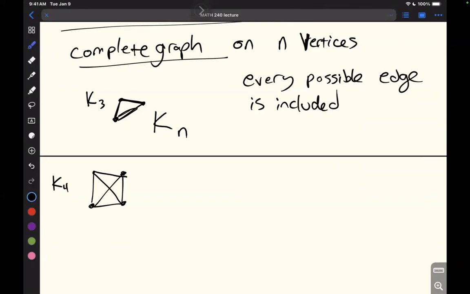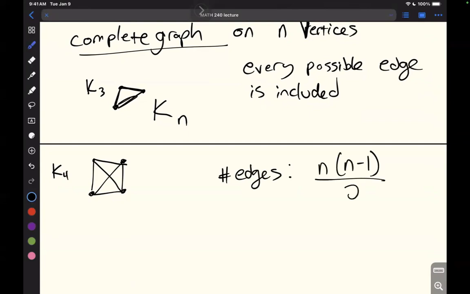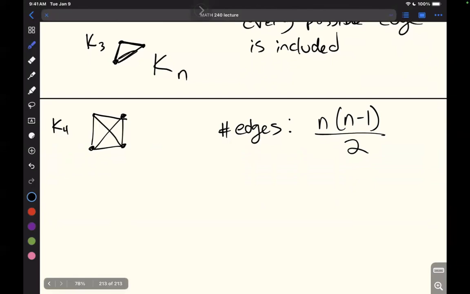So in a complete graph, every vertex is adjacent to every other vertex. There's a nice formula for the number of edges in a complete graph. I will tell you that it's n times n minus 1 over 2. We'll probably look at this more in detail later.